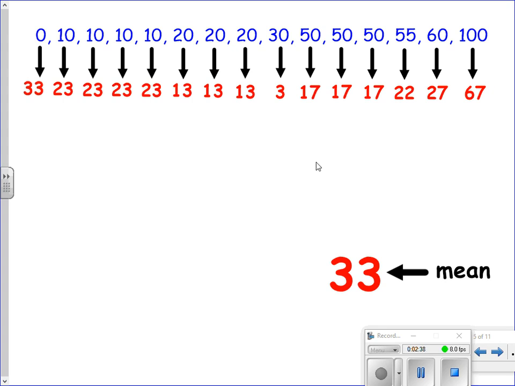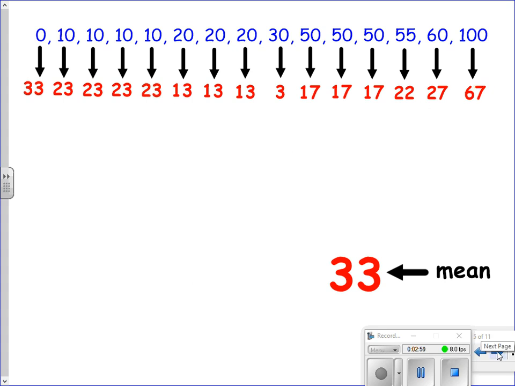Here, 30 is only 3 away from 33, but it's an absolute value. Notice it doesn't matter if the number is less than 33 or more than 33, the difference is still going to be positive. 50 is more, it's 17 more. 20 is less, it's 13 less. So we're just going to take the absolute value of each of these numbers.